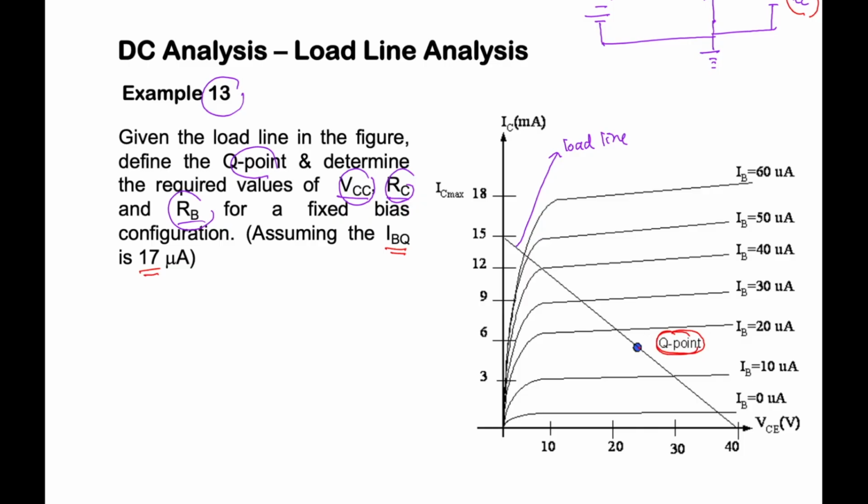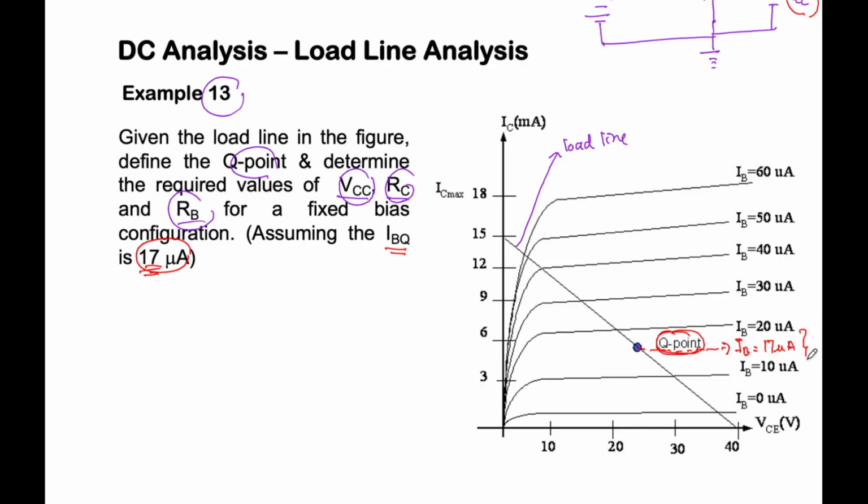This is the location of the Q point. However, what is the value of IB? They mention the value of IB at this point is 17 microampere. I would like to mention that if during a test or final the value of IB is not provided, you can make an assumption.